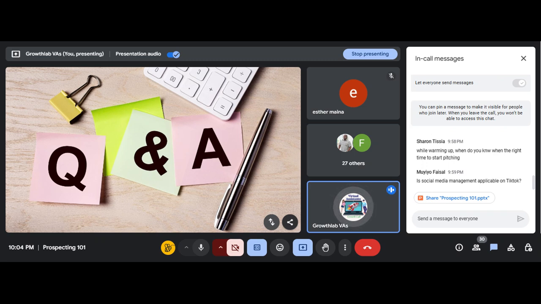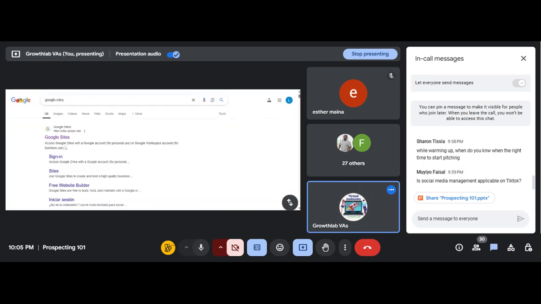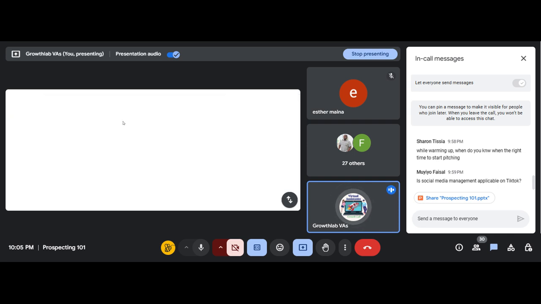But I was also trying to see Google Sites. I think Google Sites is free. On Google Sites, you can create a website for free.